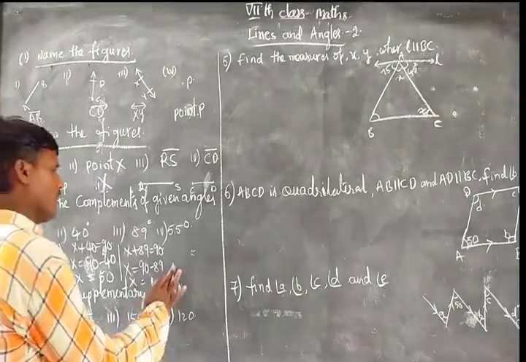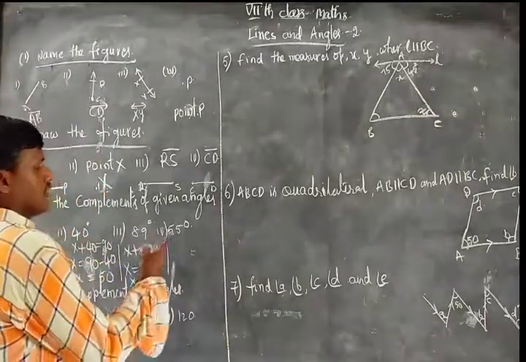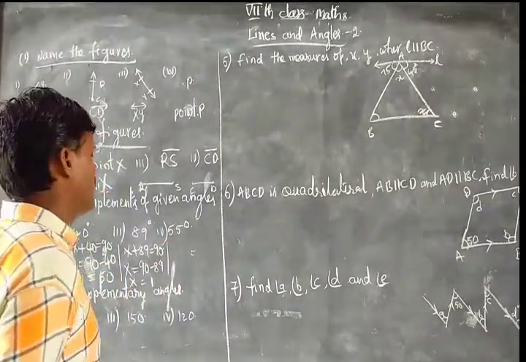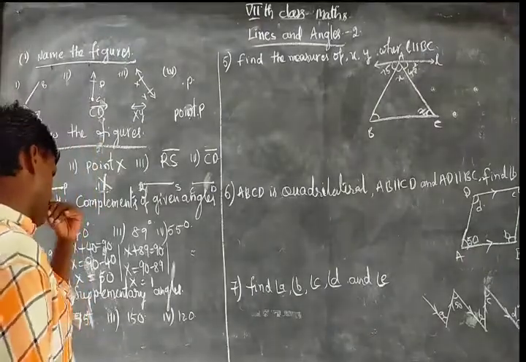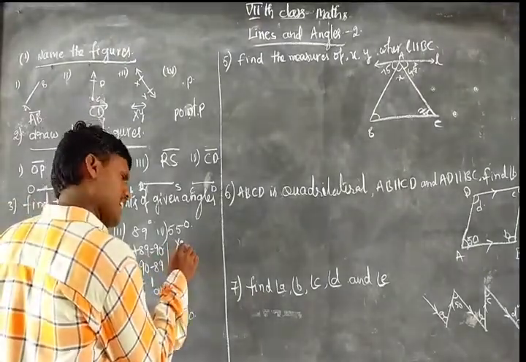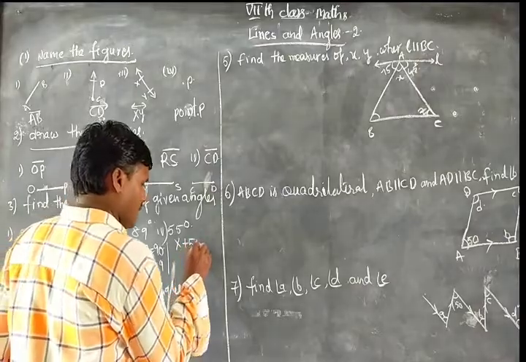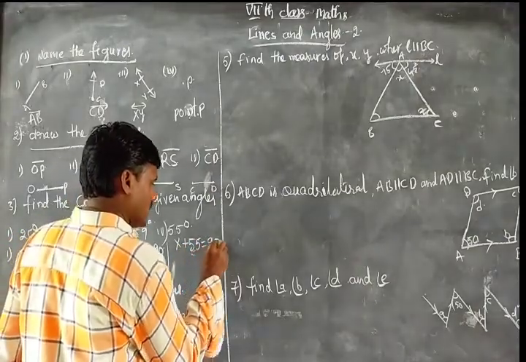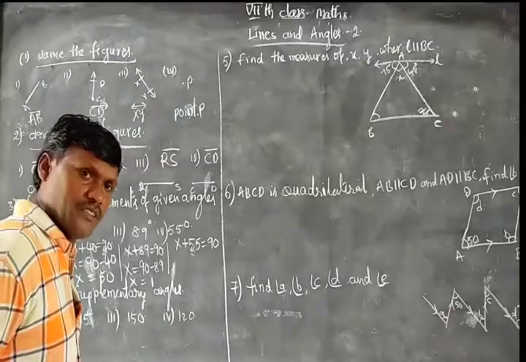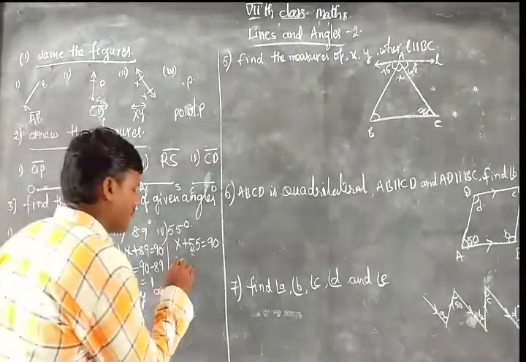Next one. What about the next one? We have to find with 55. Directly, we can write x plus 55 is equal to 90. Then what about the x value?